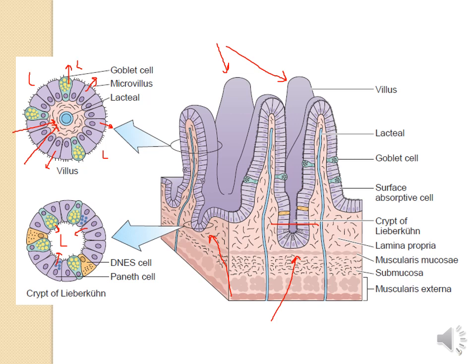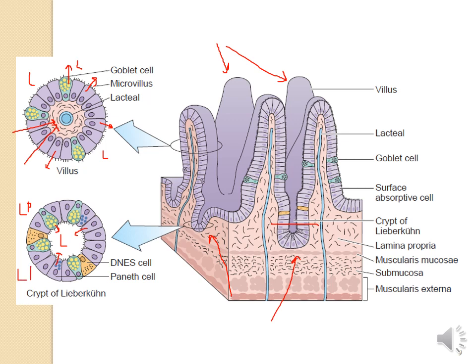However, the enteroendocrine cells, remember, they are endocrine cells. They release hormones. The hormones pass into blood vessels. The blood vessels are found in the connective tissue of the lamina propria. For the intestinal crypts, the connective tissue is outside, so the lamina propria is to the outside.